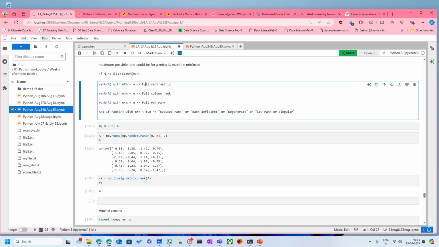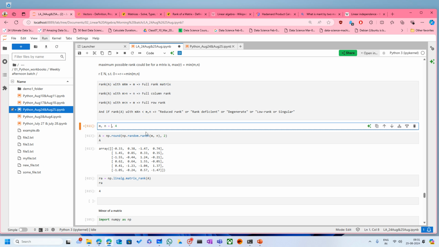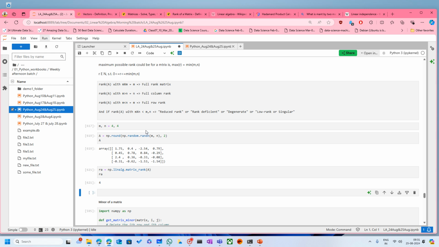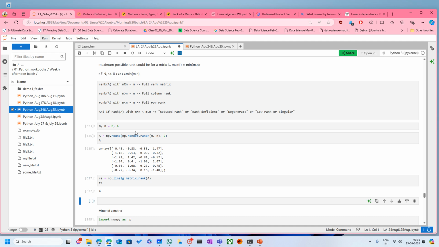Let's test it out with 4 comma 4, then also the rank will be 4. Basically what you have to understand is, if rows and columns are the same, that is the rank of the matrix. If rows are higher than columns, whichever value is smaller, that is the rank of a matrix, so because columns are fewer, that becomes the rank.